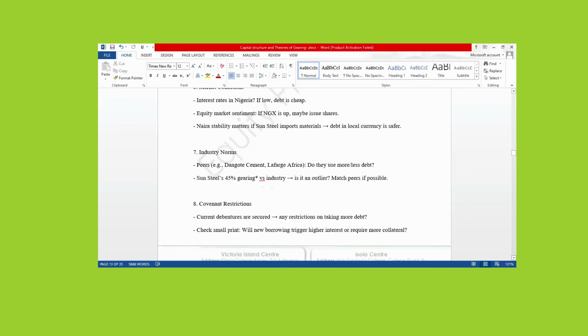Sun Steel is into building materials and roofing sheets. We can compare with Dangote Cement or Lafarge, or you can compare with Nigerite. Nigerite is into building materials and roofing sheets.